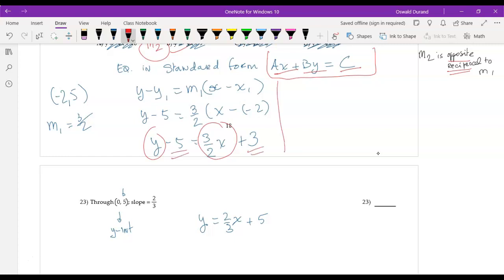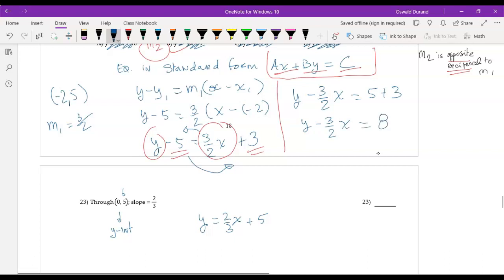So let's do that. So here I'm going to have y minus 3 over 2x, right? So I'm moving this to the left side and this to the right side, and I should get 5 plus 3. And then I get y minus 3 over 2x equal to positive 8.